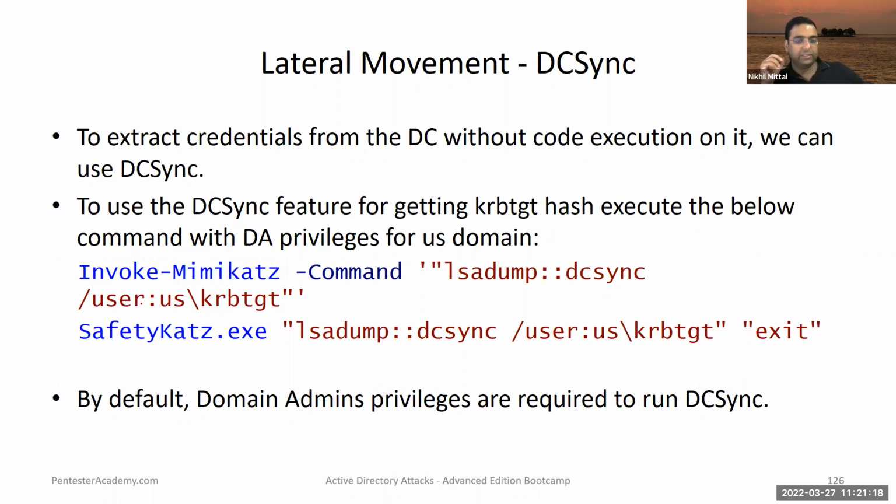With enough permissions, by default domain admins, you can go to the DC and request information, including the credentials for an account. If you have that minimal permission, the DC will comply and provide you the credentials. For example, here we are running a DCSync attack against the KRBTGT account itself.